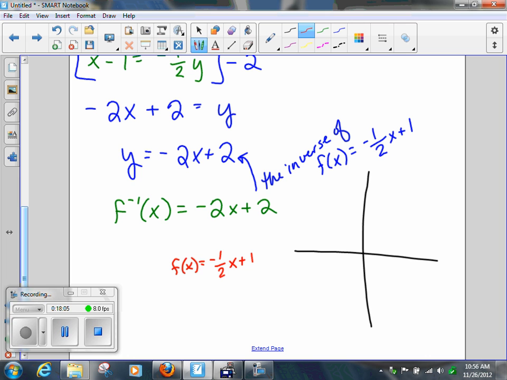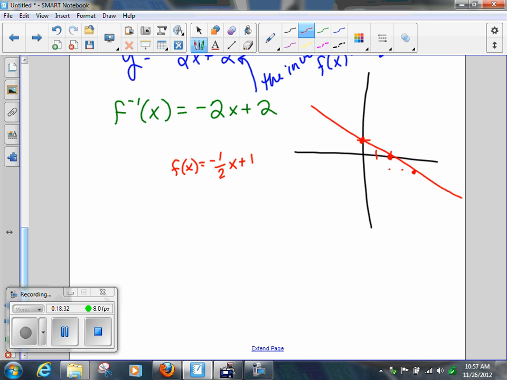We've got to plot the y-intercept first, which is at 1. And from that value, we're going to go down 1, right 2. And down 1 and right 2. Because if it has a negative slope, it has to be a downhill line, right? That's the original function, f of x.